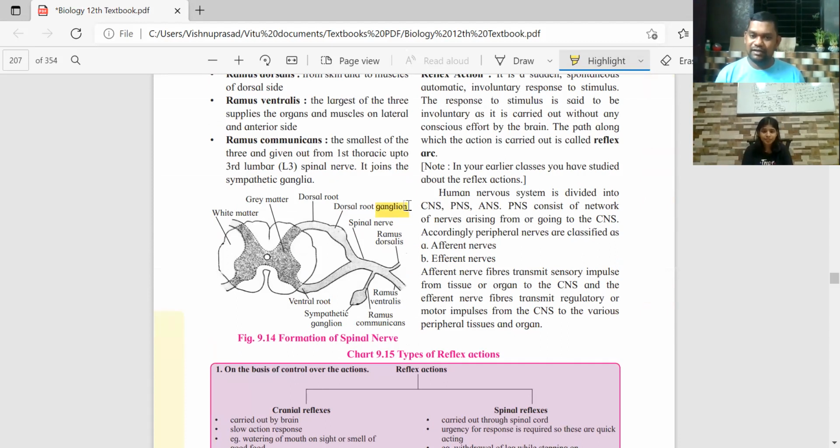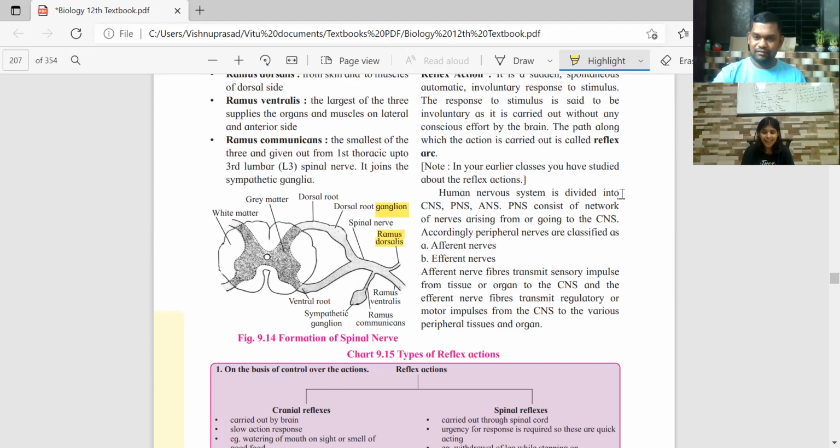Dorsal root ganglion. And the ventral root will also join over here, on the lateral side, and they will form a common spinal nerve. That common spinal nerve will then branch out into 3 parts. One part will go to the back side, that is called ramus dorsalis.